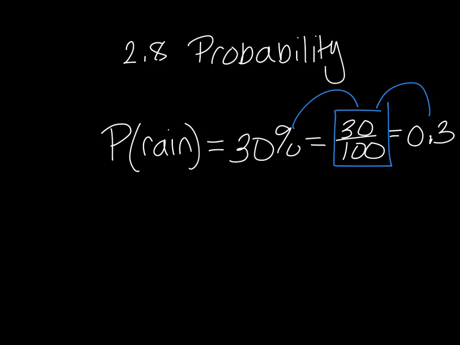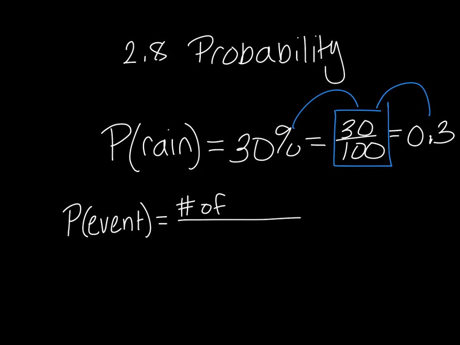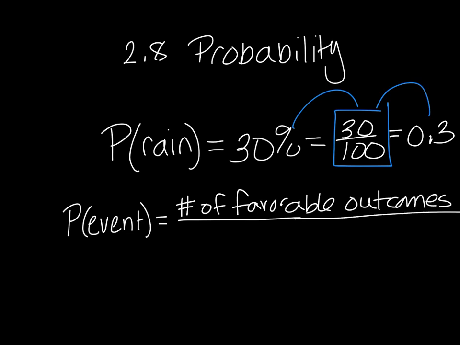So when we build it as a fraction, we write the probability of the event. This would be great to write in your notes. We write the probability of the event equals, and then on top, we write the number of favorable outcomes, which is probably kind of a new way of saying that. Outcomes are the things that can happen.